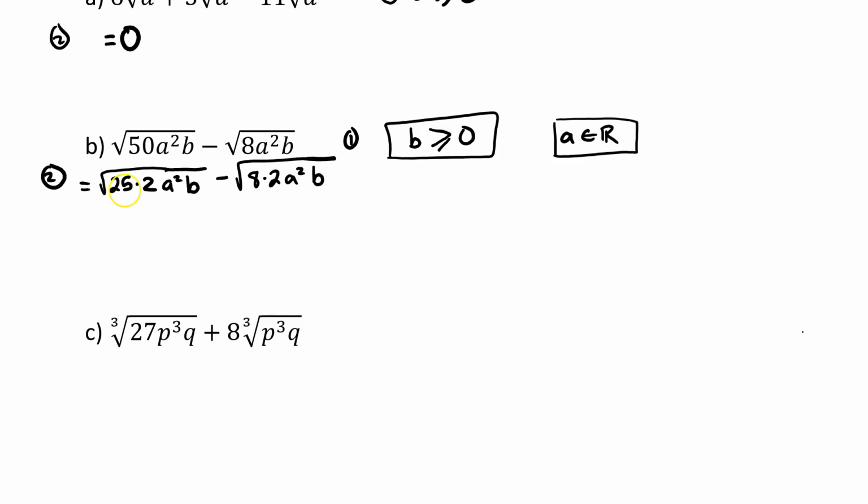All right, so we have something that's common here. We have 2 and a b, and we have 2 and a b. Oh, sorry, not 8 times 2. My bad, that should be 4 times 2. So 8 times 2 would be 16.